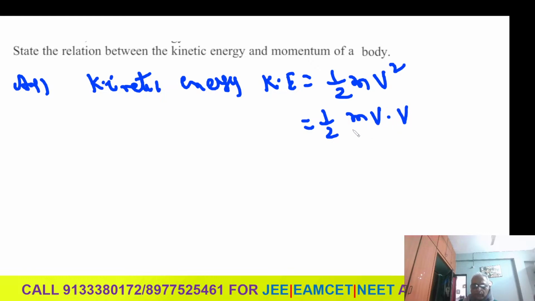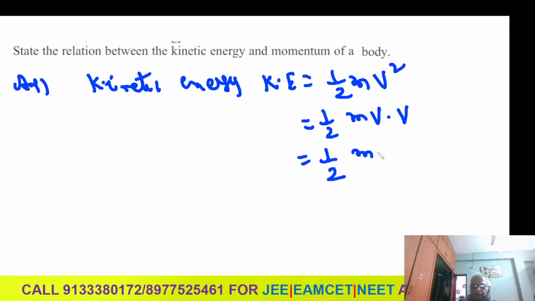V into v, this is momentum, but velocity is variable. I want to keep my formula in terms of mass because for a given body mass remains constant. So I multiply by mass and divide by mass.